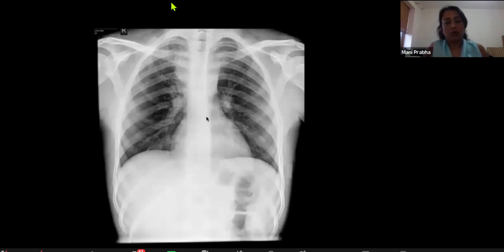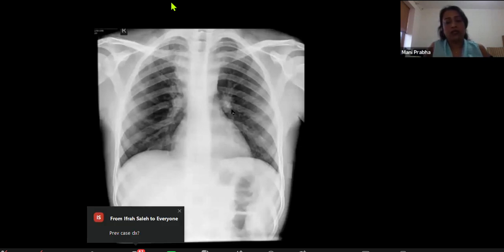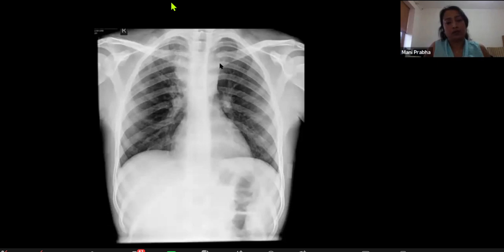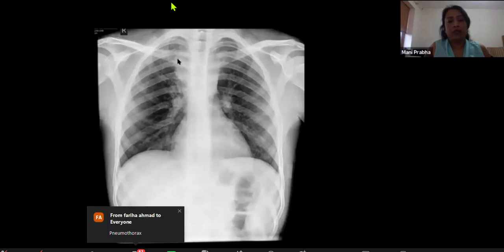In this one, the cardiac shadow is all right. There is slight prominence of the bilateral hila. Also, right paratracheal thickening is there, and widening of the superior mediastinum. Not much is seen in the lungs on the left side, but there is some streaky opacification in the right apex, which raises the possibility of a parenchymal lung lesion.